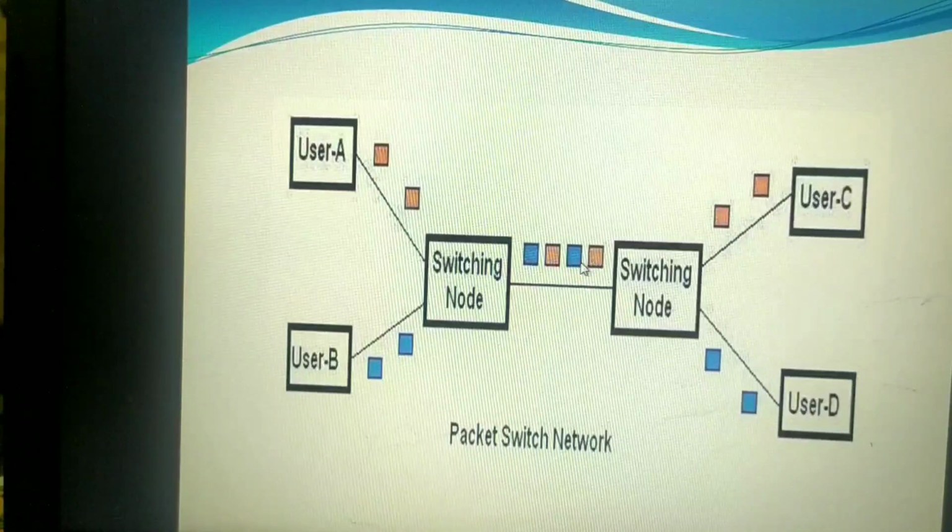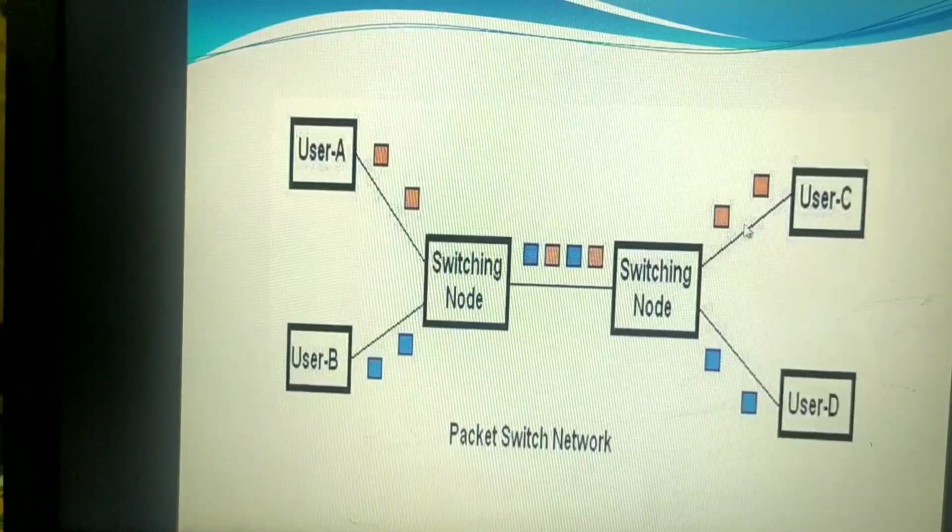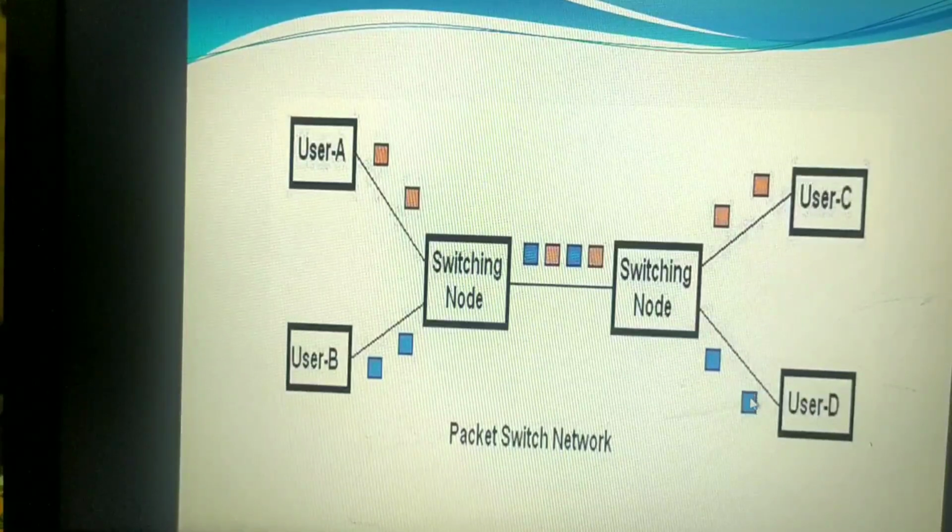Depending upon the destination address, this switching office will forward the correct packet. Maybe here the second packet is the first one to reach, here might be the first packet. Now here it might again be the B packet, here it might be the C packet. But packets with the correct destination are forwarded.